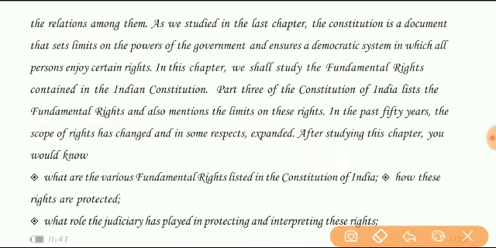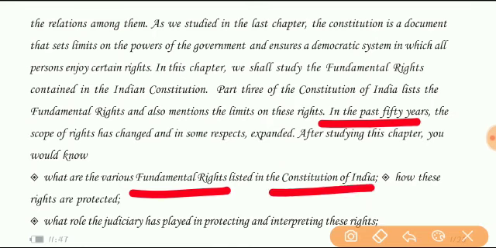Now let's go further. In the past 50 years, the scope of rights has changed and in some respects expanded. After studying this chapter, you would know what the various fundamental rights listed in the Constitution of India are, and how these rights are protected.